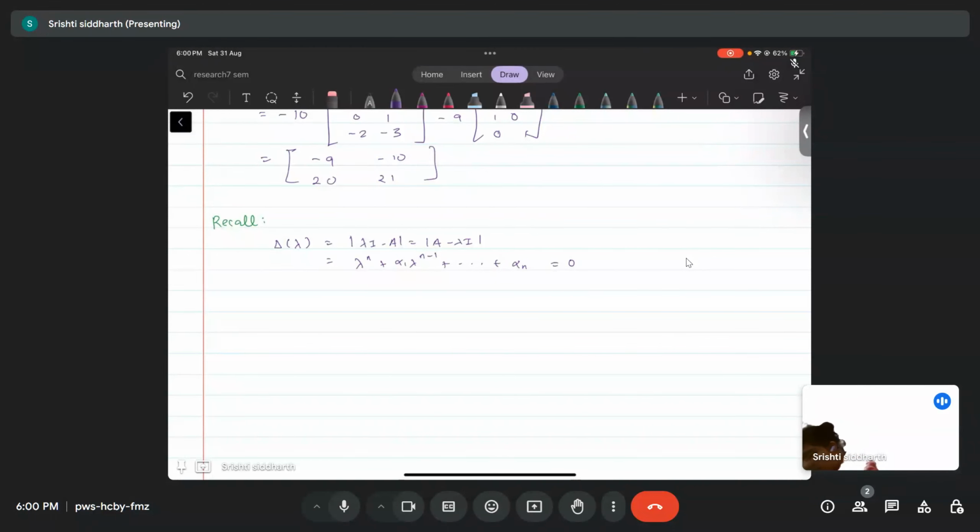So this is the characteristic polynomial. And according to the Cayley-Hamilton theorem, the matrix A would also satisfy this. So we have A to the power n plus alpha 1 A to the power n minus 1 till alpha n times I equals 0.